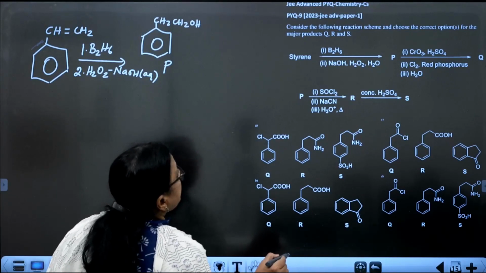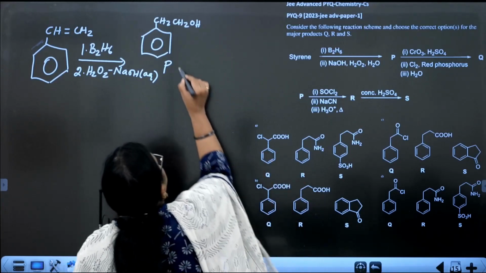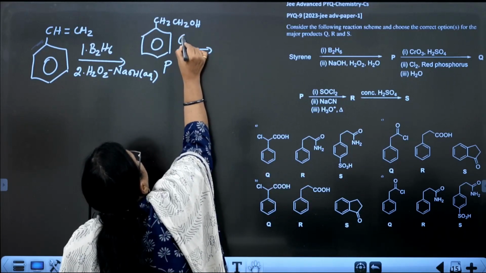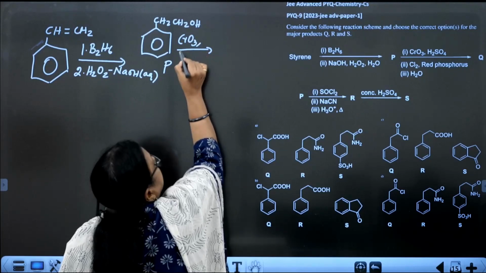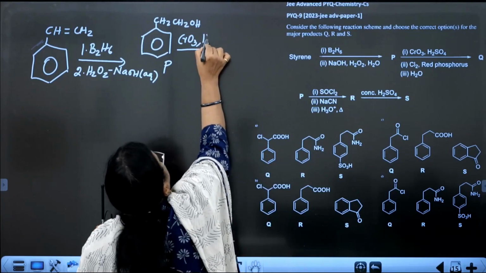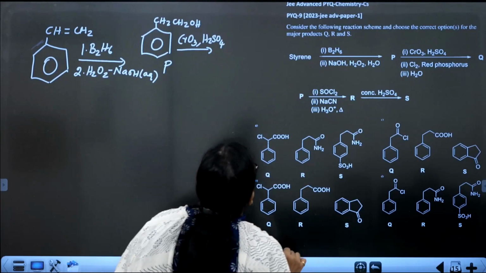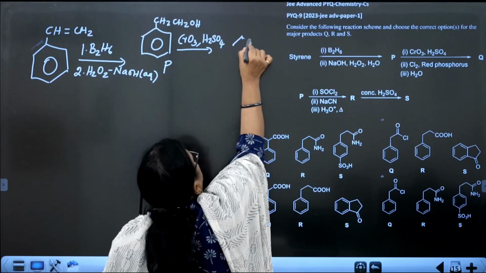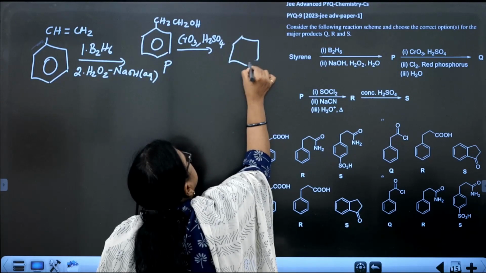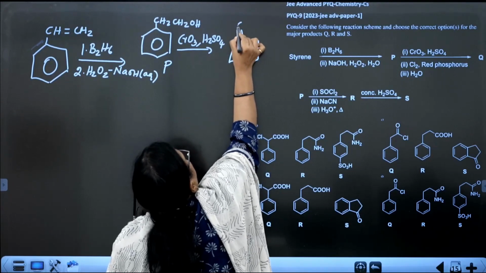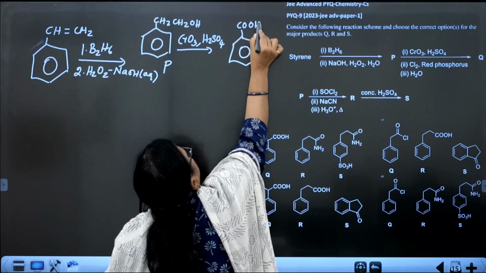2-phenylethanol is P, and this P is subjected to CrO3 in an acid medium. CrO3 with sulfuric acid. We know that primary alcohol is oxidized to a carboxylic acid with the same number of carbon atoms, COOH.